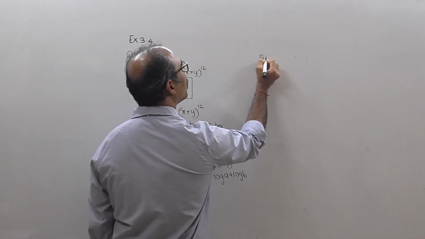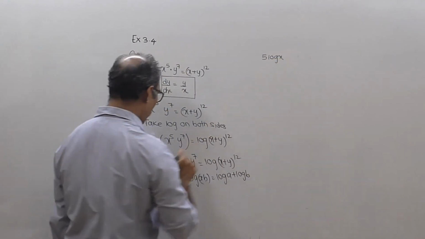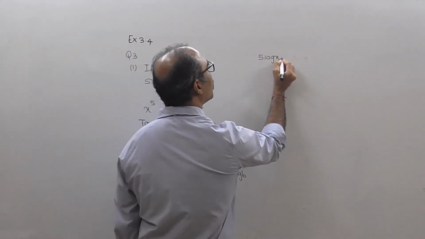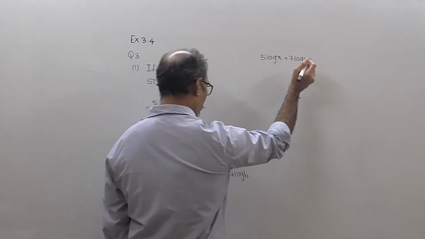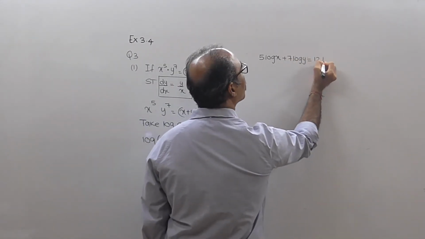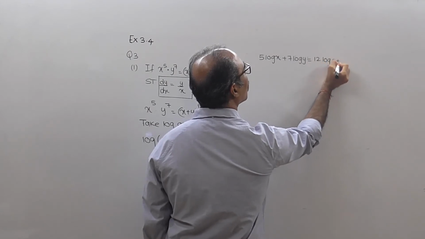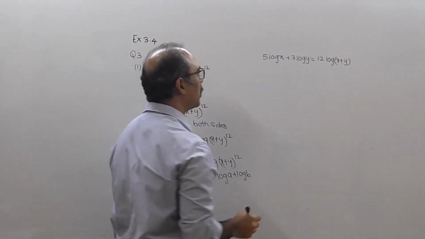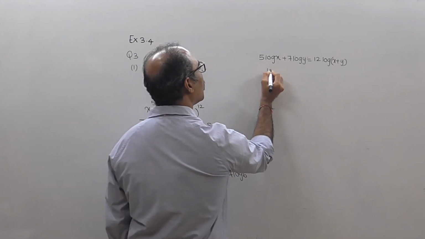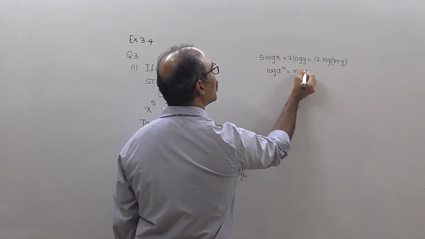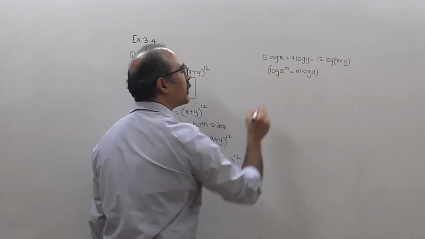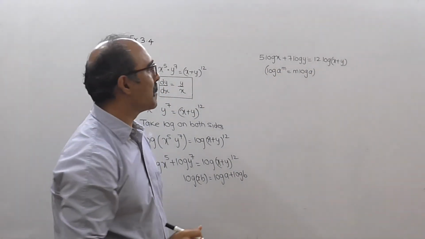Then this will become 5 log x, because this is log A raised to m. This will become 7 log y, and this will become 12 log of x plus y. Because we are using a formula which says that log of a raised to m is equal to m times log a. Okay.